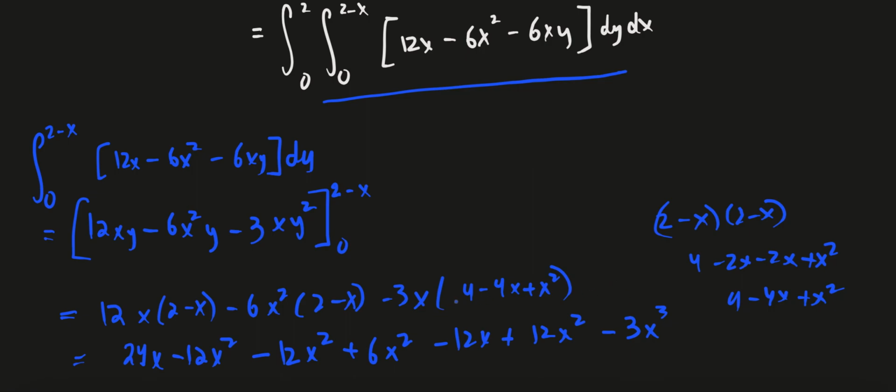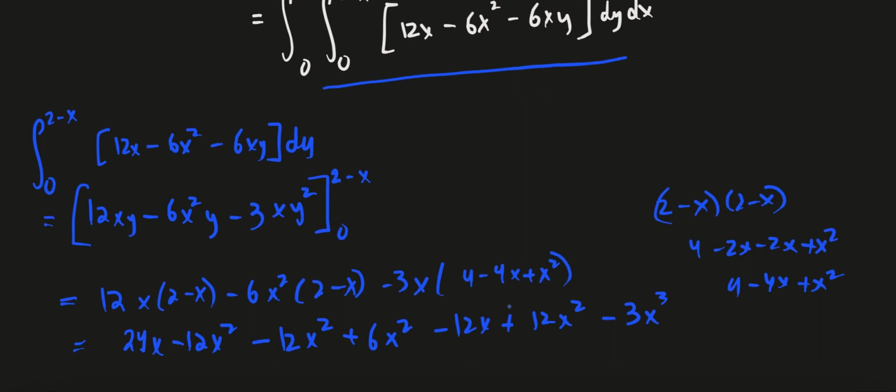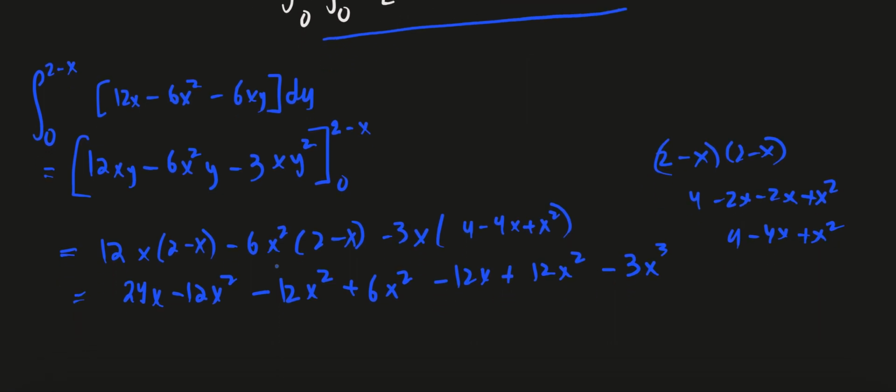Making sure this is right. A lot of expansion. That's right. This will cancel with this. And let's see. We can do some other simplifications. Let me go with the cubed first, the highest power. So negative 3x cubed. That's done.